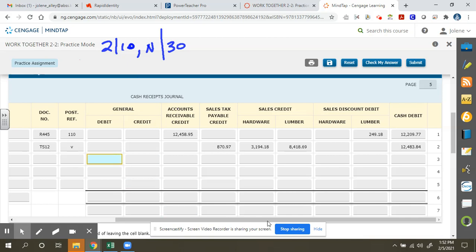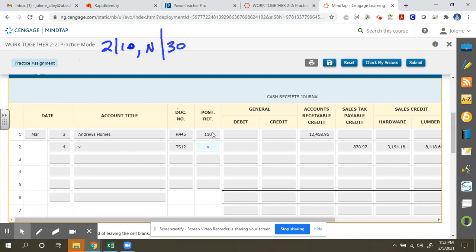Okay. Now there was nothing to put into post reference there because that was just sales out of the cash register. So I go to the next one, which is on the 7th. And on this one, it says received a check from Estate Housing for lumber. So I've got to put Estate Housing in here.